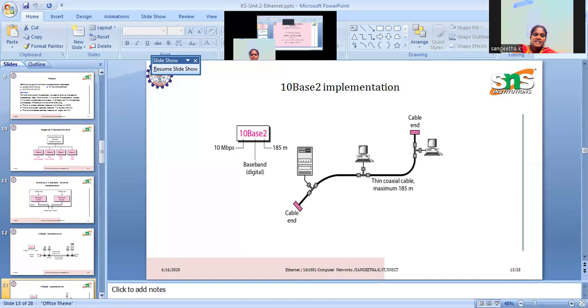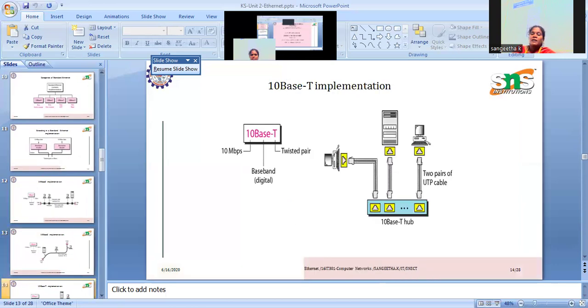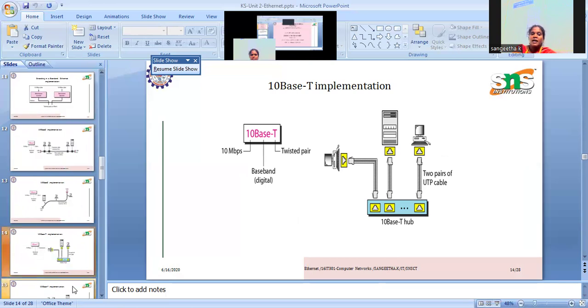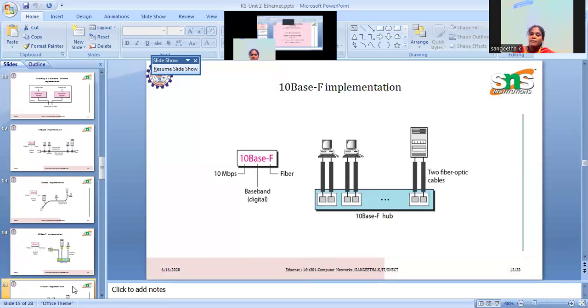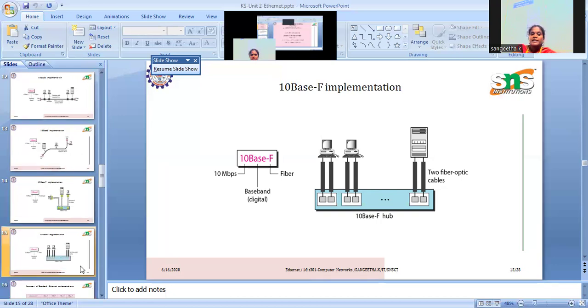The next category uses a pair of twisted pair cables, like landline telephone communication. Unshielded twisted pair is used in 10BaseT, and in 10BaseF two pairs of fiber optic cable are used. It uses a star topology, with switches instead of a hub.